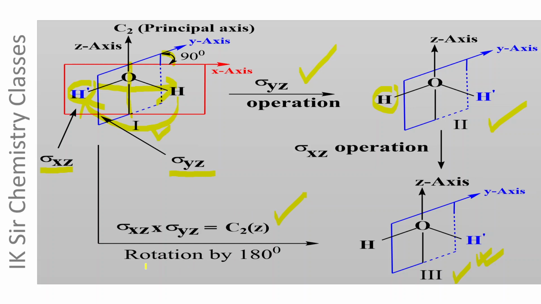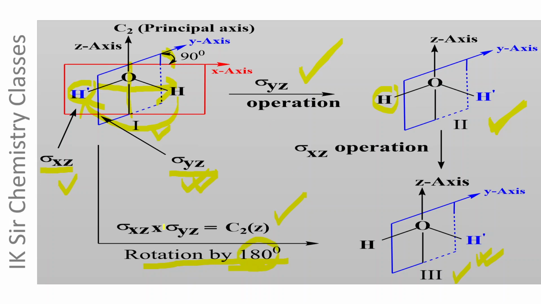C2 operation means rotation by 180 degrees. These two planes meet at 90 degrees, so the rotation is carried out by 180 degrees.